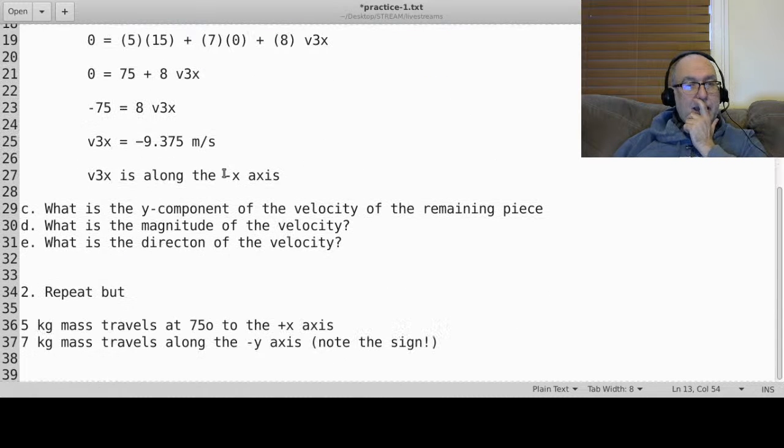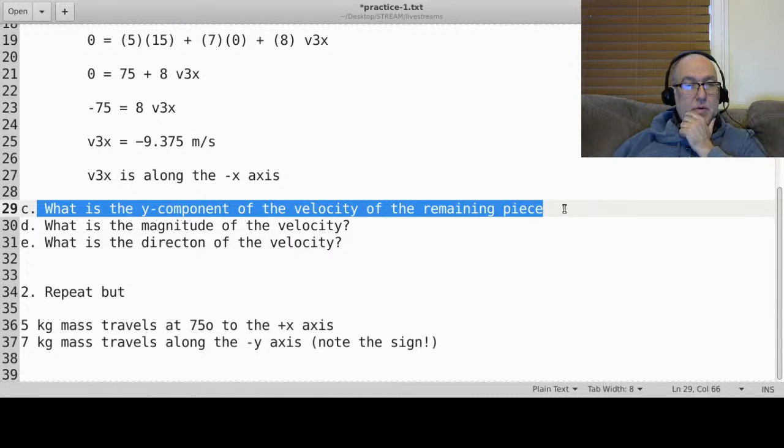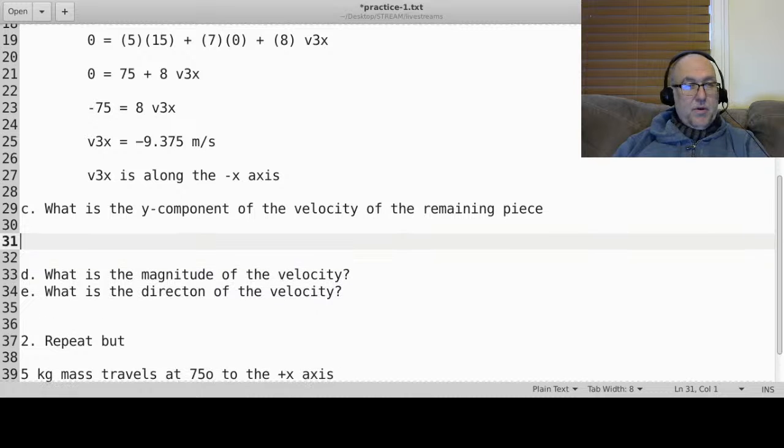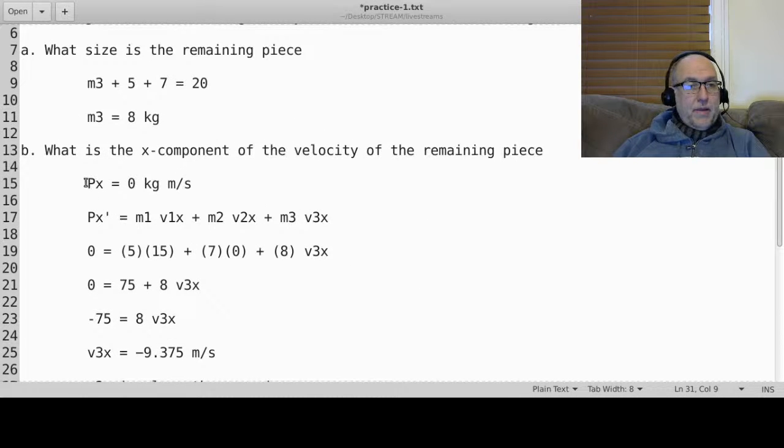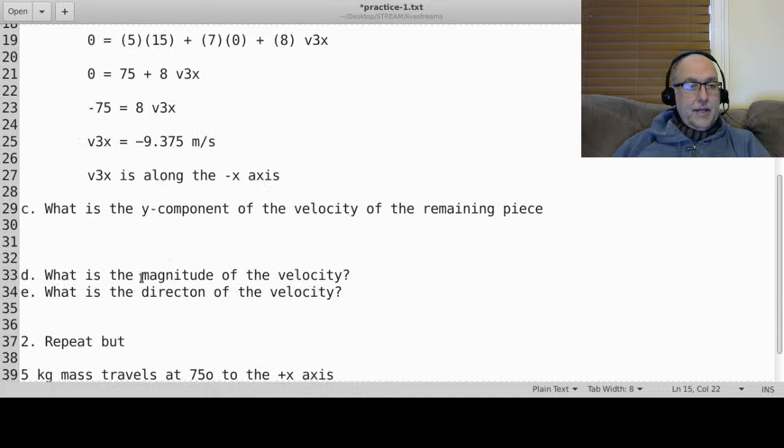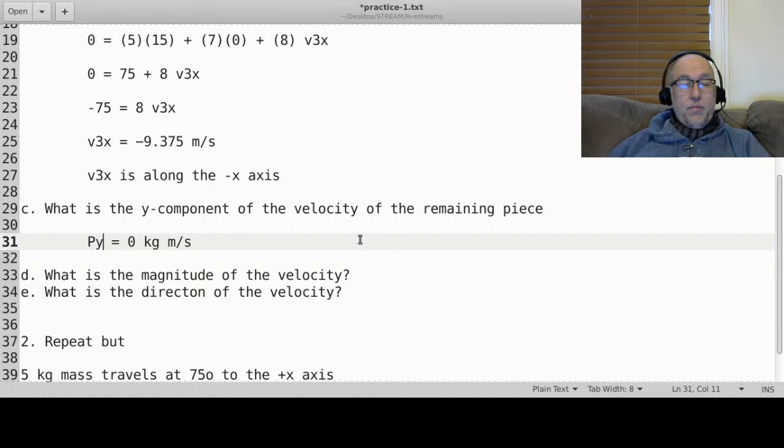Now the next one is, what is the y component? And for the y component, it's the same idea here, but now it's the y component. And remember, without the prime there, py is just the y component of the momentum before the explosion, and it's not going anywhere.